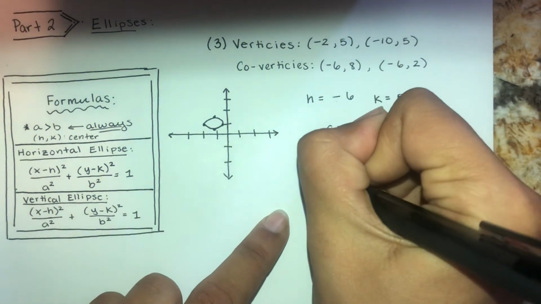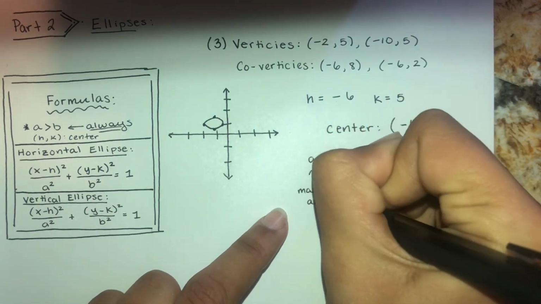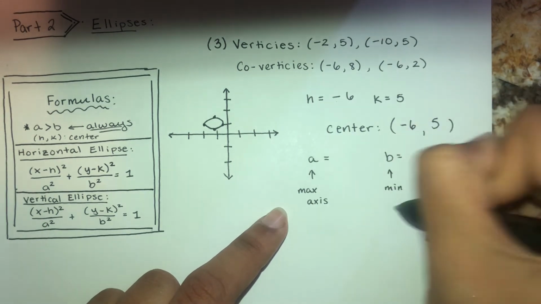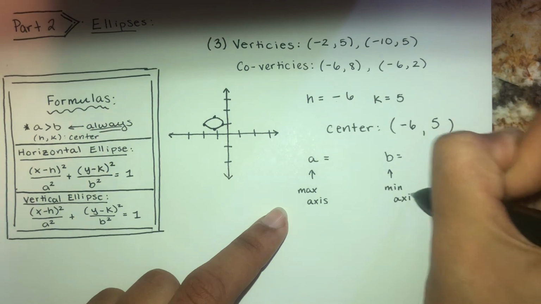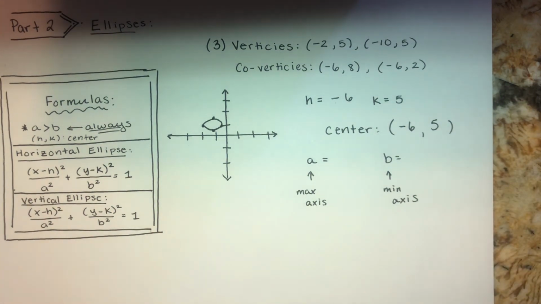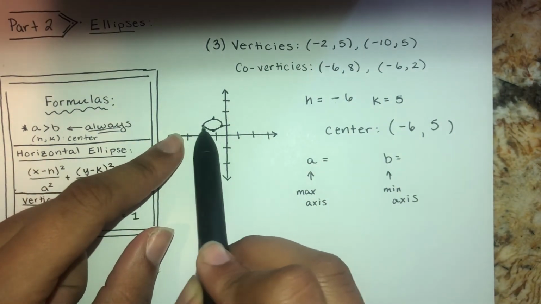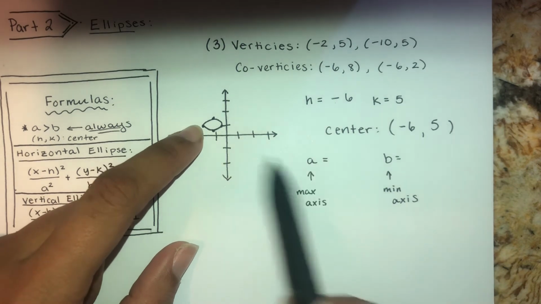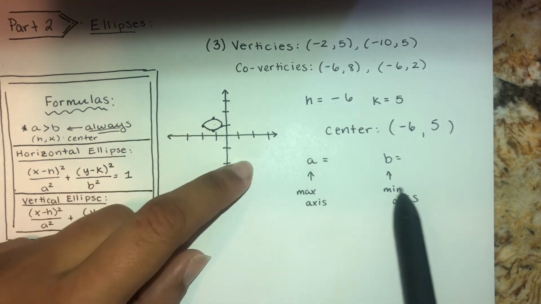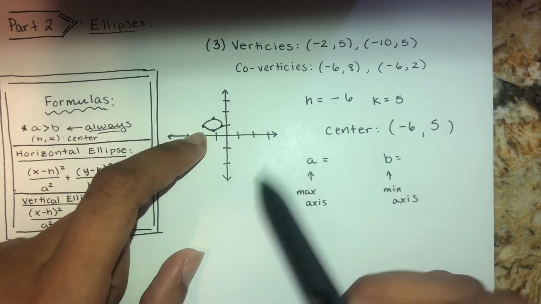All right, then your A and your B. Don't forget, this is on your major axis, and this one is from your minor axis, I'm sorry, oops. How you decide to figure this out is up to you. I generally just look at the length of this and divide it by 2, because your A is the distance from the center to one of your vertices, and then your B is from the center to one of your co-vertices.